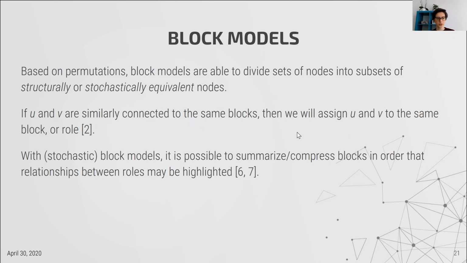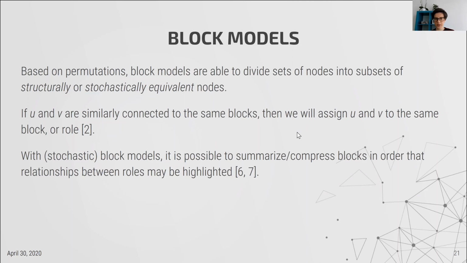And one really nice thing that has been done with block models is to substitute all the nodes in a block with a supernode. In this way, it is possible to highlight the relationships that occur between roles.